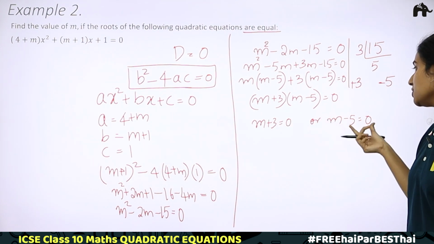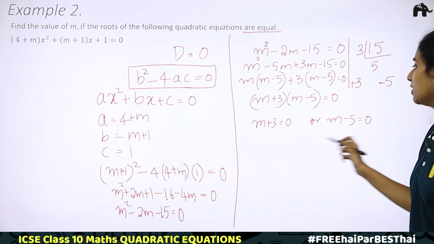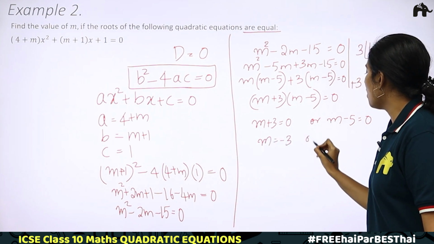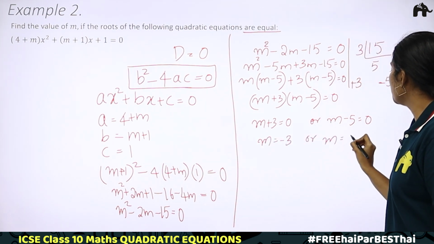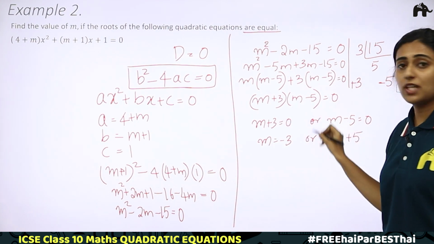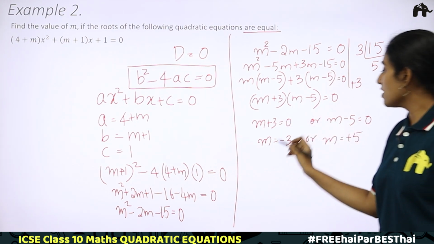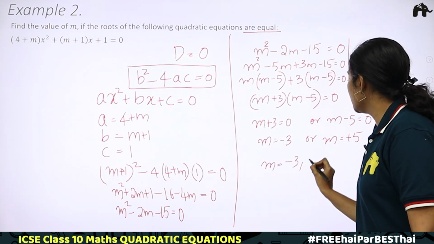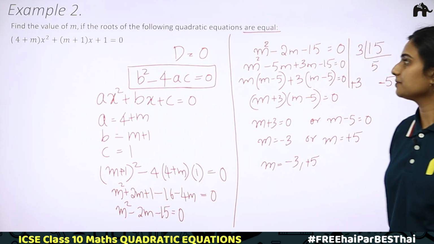M is equal to minus 3 or M is equal to plus 5, taking to the opposite side. So, the possible values of M are either minus 3 or plus 5.